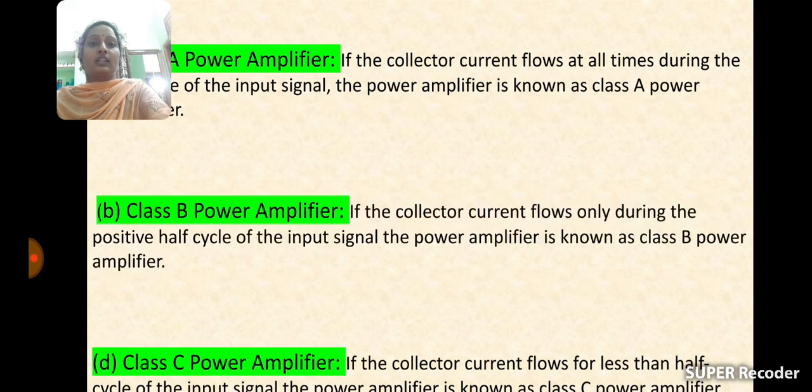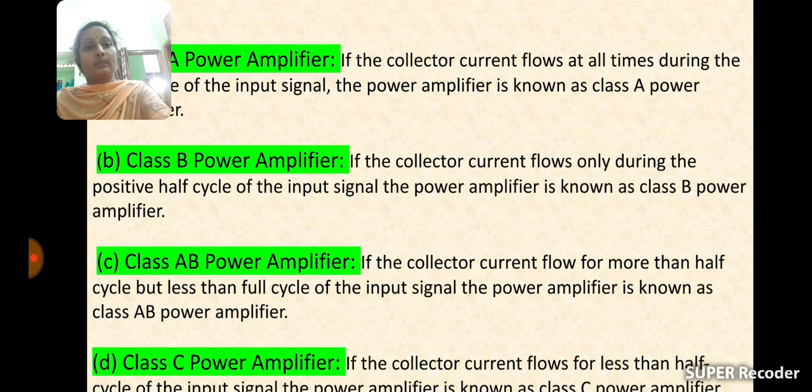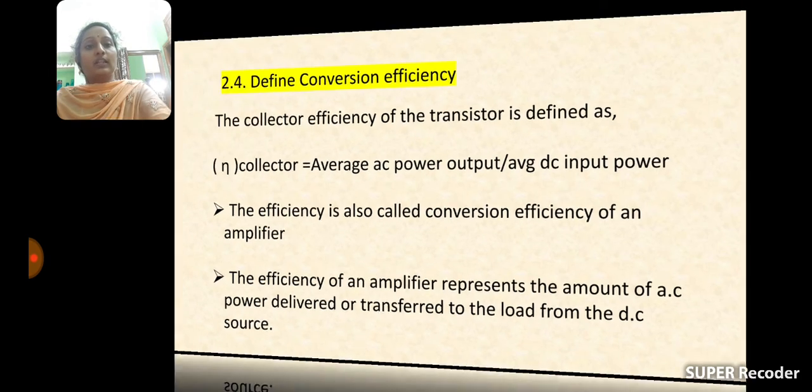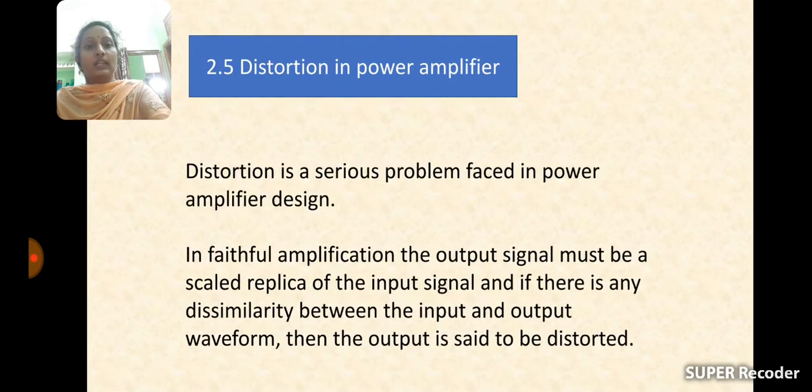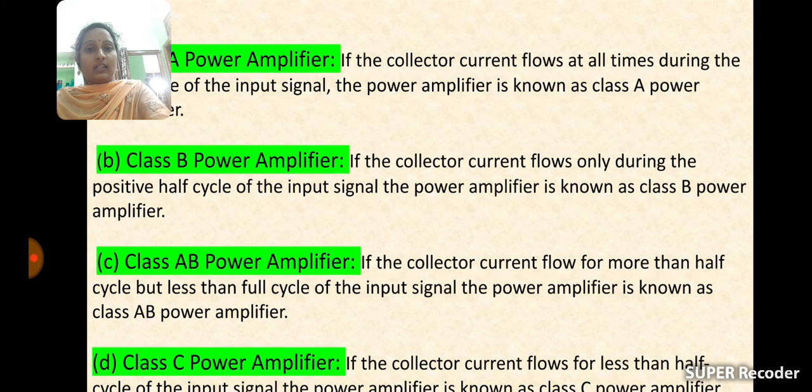The class A power amplifier will produce current at all times, meaning it produces output for the positive half cycle and also for the negative half cycle. But class B will produce the output signal for only positive half cycles.